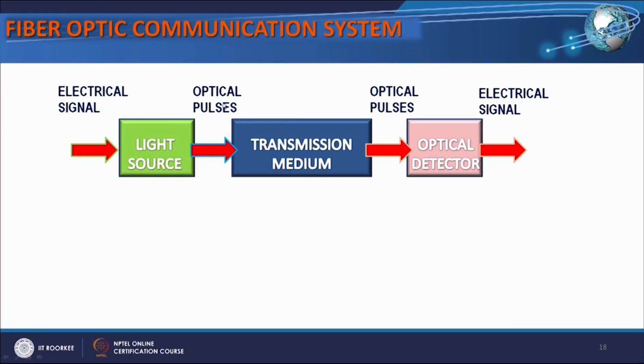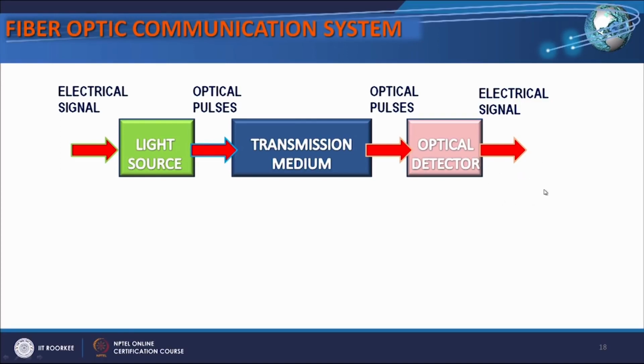These electric pulses drive light source and produce optical pulses. These optical pulses are sent through transmission medium and they are received at the output end by optical detector, where they are converted into electric signal again.